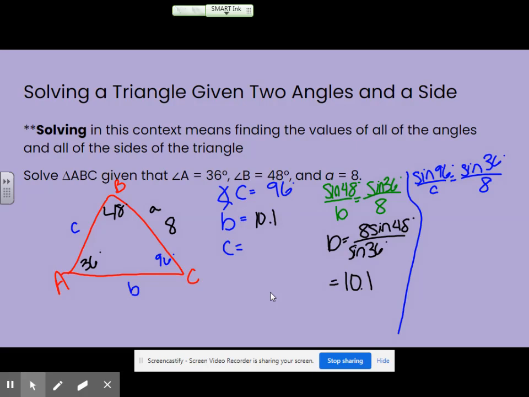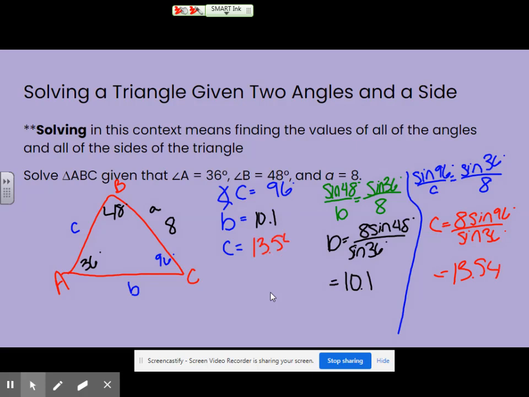From here, I can do the same step of cross multiplying, dividing by a term. So I get that C is equal to 8 times sine of 96 degrees divided by the sine of 36 degrees, which, throwing that into our calculator, gets us 13.54.